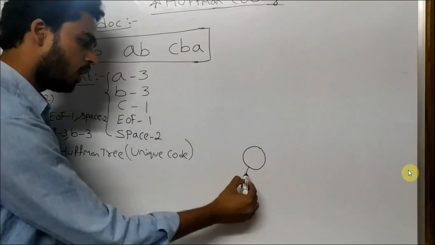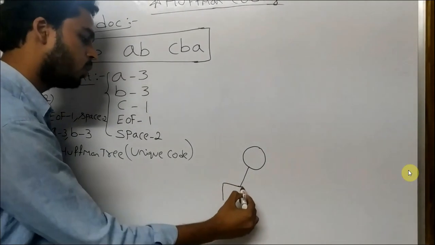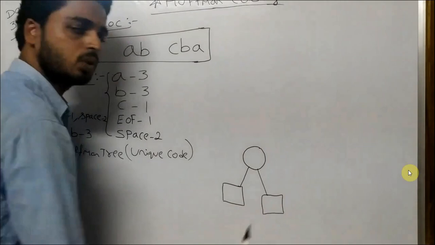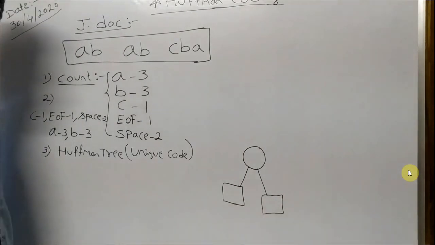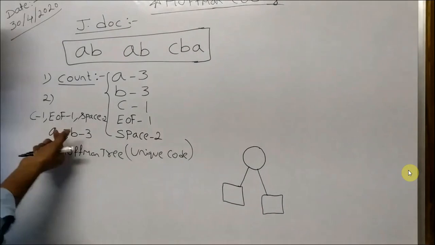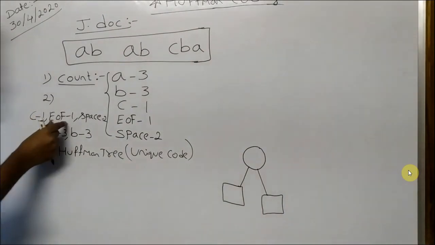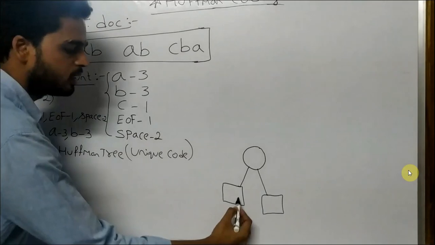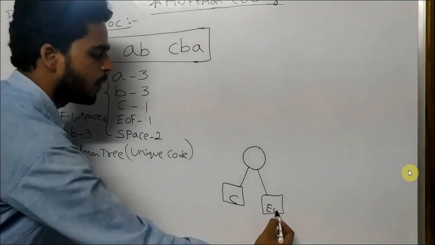For this node, I am going to take 2 children as external leaf nodes. And these leaf nodes contain the smallest frequency occurring characters. The smallest frequency occurring characters are, one is C, another one is end of file.